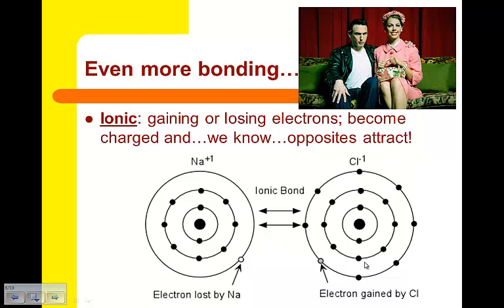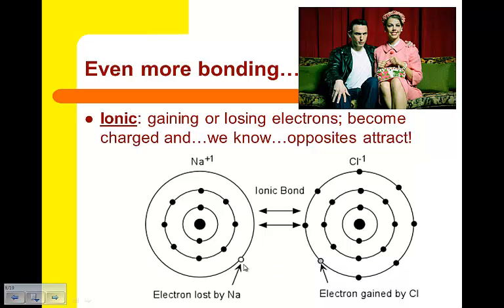Let's look over here at chlorine. Chlorine has an atomic number, which means the number of protons. It has 17 protons. Well, 17, we fill up 2, 8, that's 10, that leaves us 7 more electrons. Well, it wants to have 8 out there and it doesn't have 8. So it's not happy.